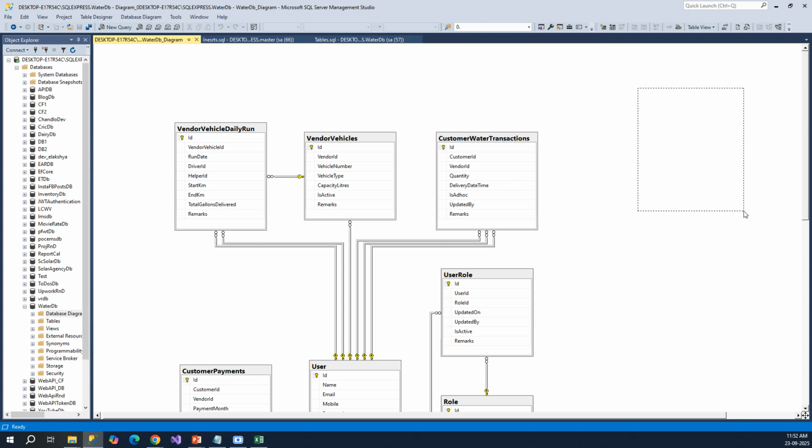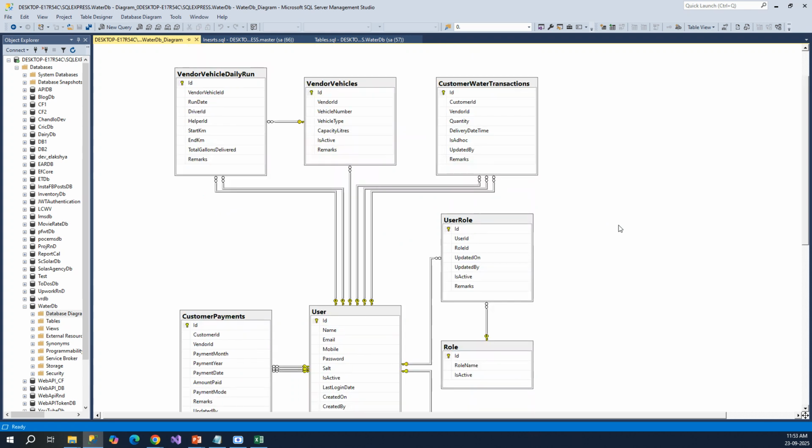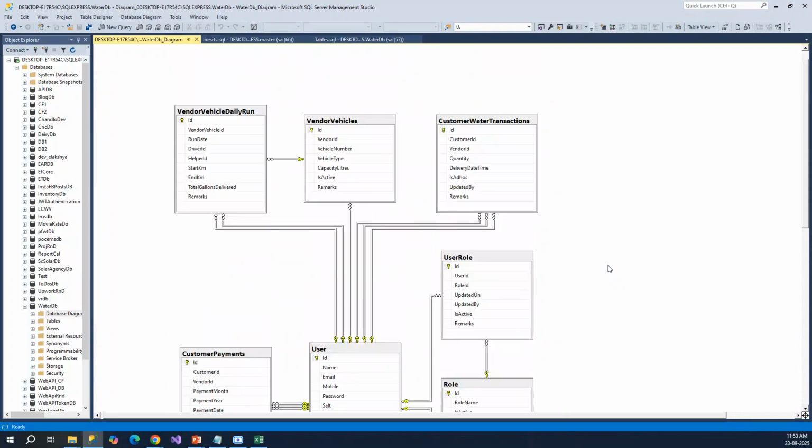Let's say there is a table lying over here, and it has no relation with any of these tables, so no link between any other table of the project. That should not be the case. So good practice always says that whenever you generate your tables and your diagram, there shouldn't be independent tables. In this diagram we can see each table is connected to one or the other table. So this is a good database design, right?